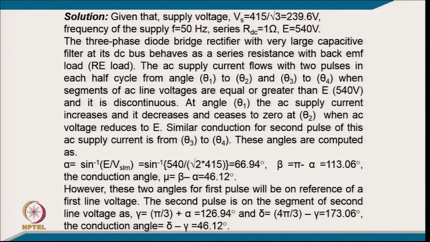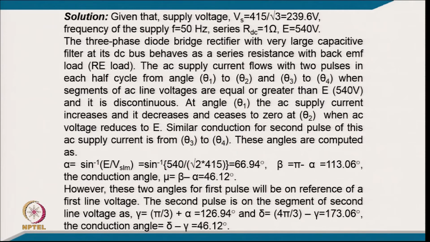If you put in the value from the line voltage, it comes to 66.94, and beta comes to 113.06, and the conduction period, beta minus alpha, comes to 46.12. Out of 60 degrees, it is conducting only for this period. However, there are 2 angles: the first pulse will be referenced to the first line, and the second pulse will again be calculated from pi by 3 plus alpha.